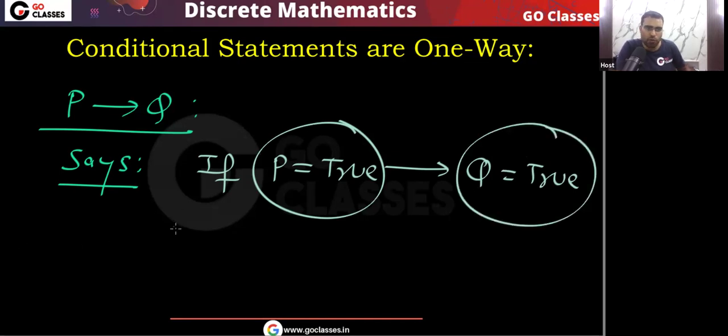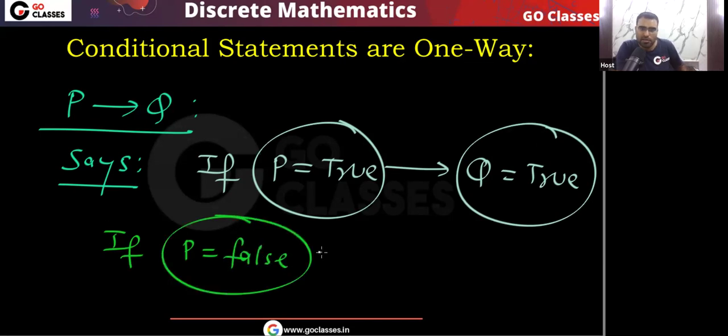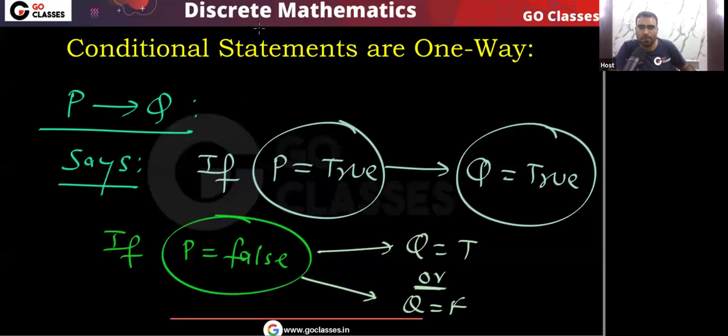But remember, if P is false, then Q can be anything. Q can be true or Q can be false. So, very simple. Conditional statements are one way. If P is true, then I can say Q will be true. But if P is false, then Q can be anything.